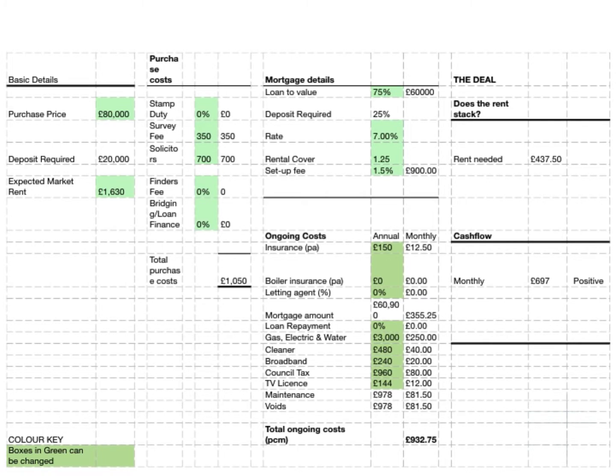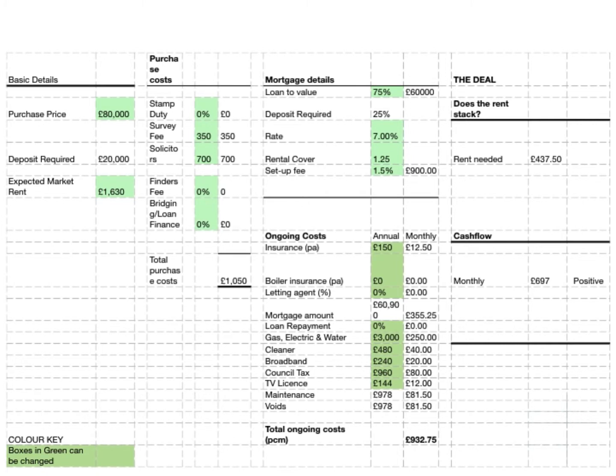You'd have to redo the figures, and it's likely that they would only lend you something like 70% loan to value rather than 75, because the rent doesn't quite cover 25% more than the mortgage payment. So look out for those two figures, loan to value and rental cover, when you're looking at buy-to-let products.